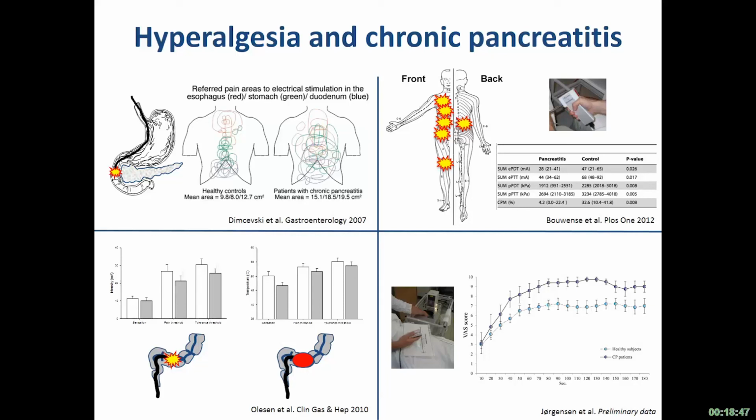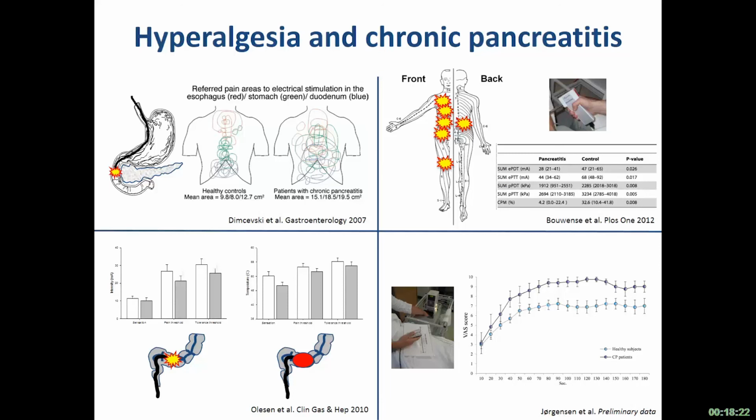But again, it is a little bit cumbersome to stimulate invasively using endoscopic approaches. So we have also tried more simple models where we have stimulated the somatic tissues, again based on this theory of secondary hyperalgesia. And again, we could find that the patients had decreased pain and tolerance thresholds to both mechanical and electrical stimulation of dermatomes.